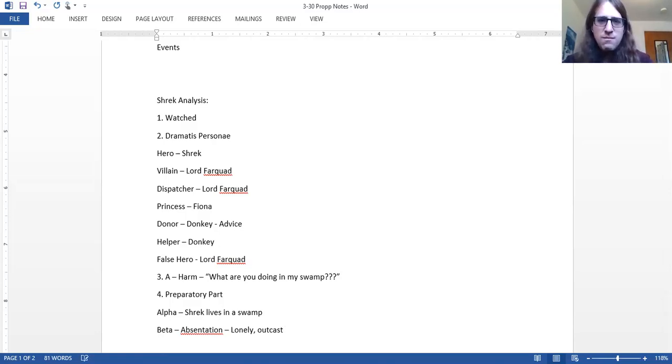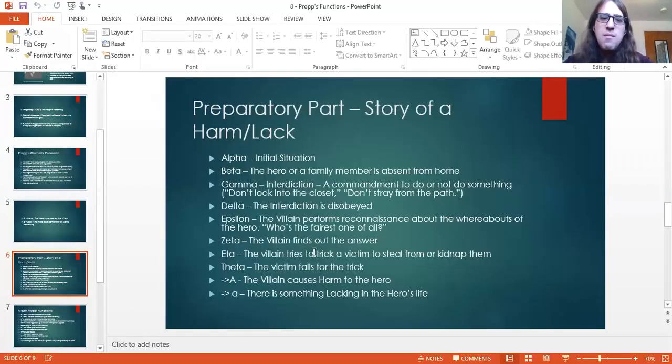Okay, gamma, if we want to switch back again here, gamma is a commandment not to do something. And delta is the disobedience of that commandment. I don't know that we really have a clear example of that in the prologue of Shrek. Maybe just don't go into Shrek's swamp, and that is disobeyed.